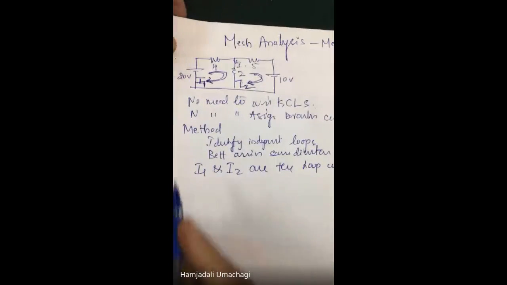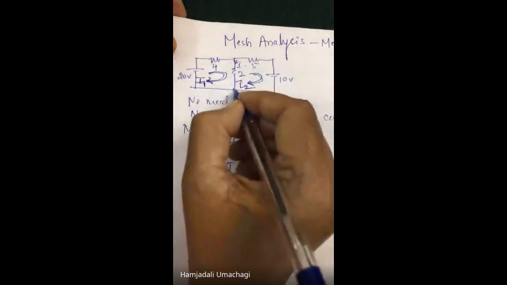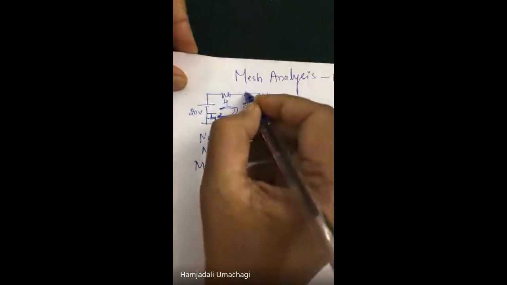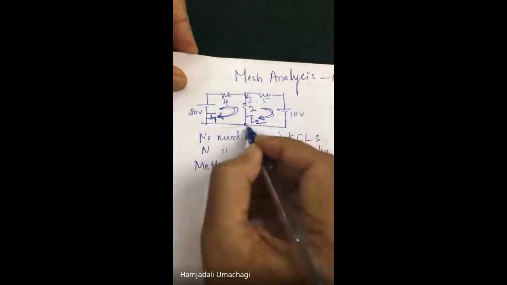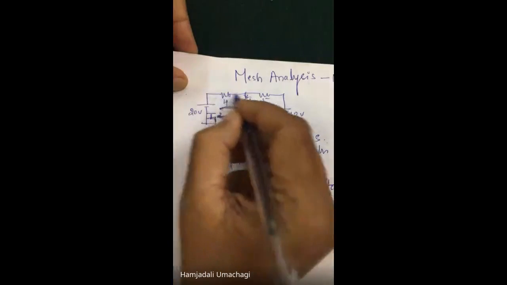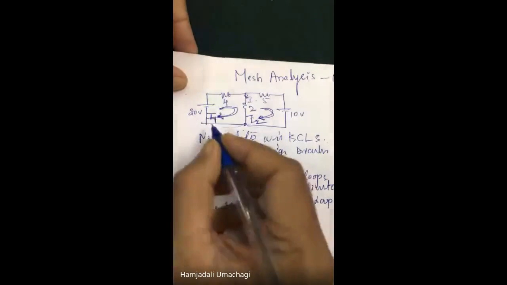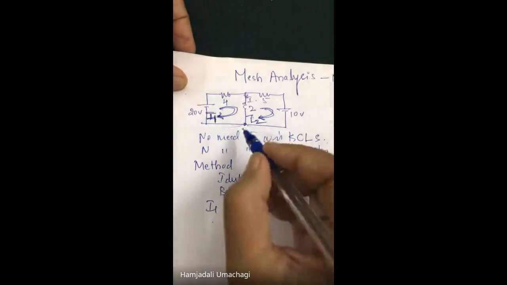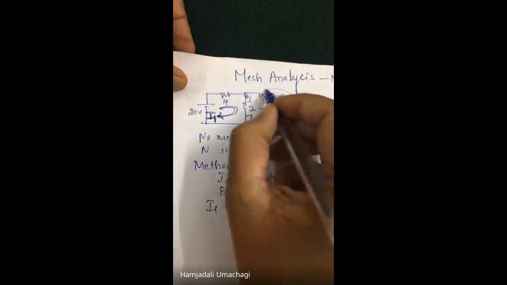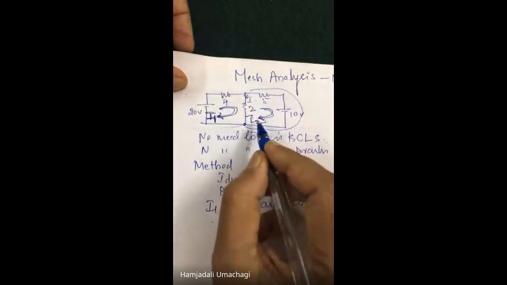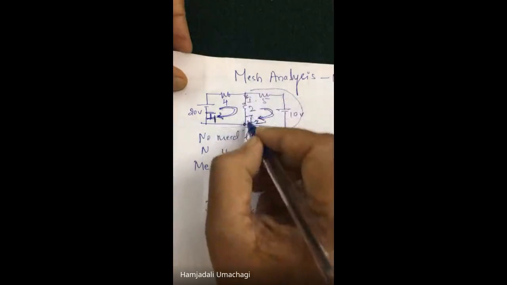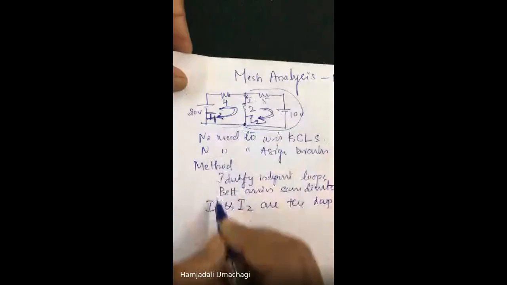What's the current in branch 1? This is branch 1, branch 2, and branch 3. The current in branch 1 is I1 only. The current in this other branch is I2 only. Then what's the current in the middle branch?